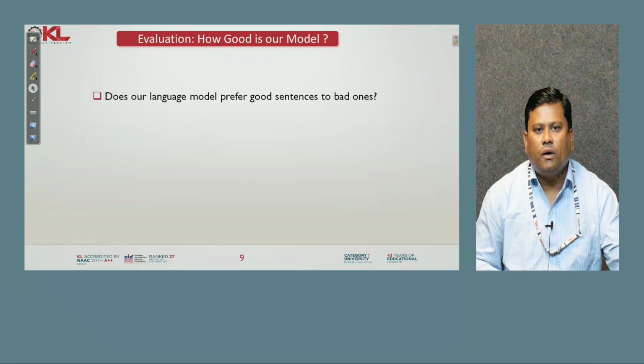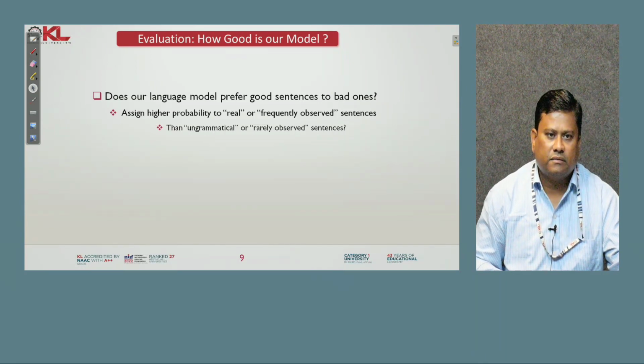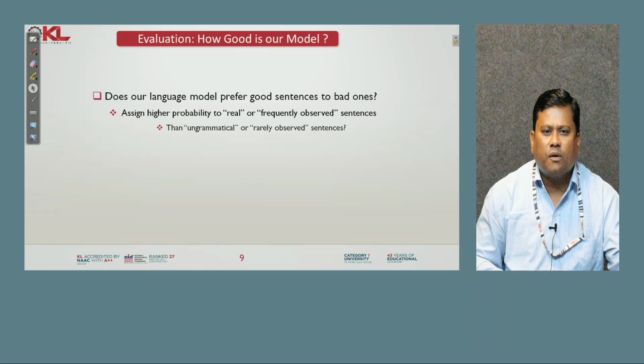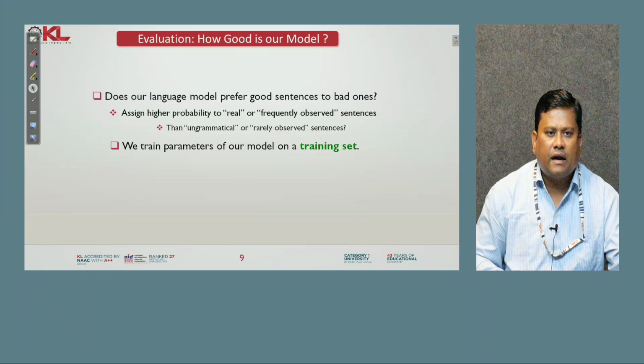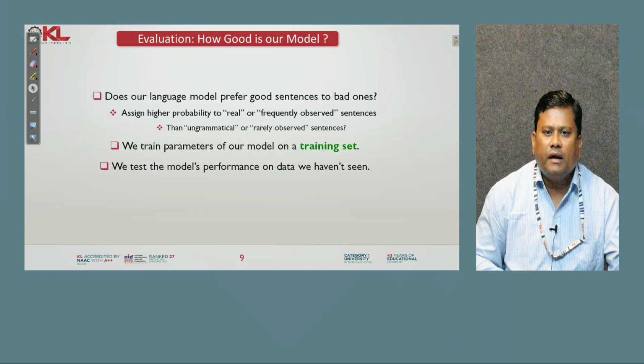Evaluation: how good is our model? Does our language model prefer good sentences to bad ones? For that, it should assign higher probability to real or frequently observed sentences than to ungrammatical or rarely observed sentences. We also train the parameters of our model on a training set, so that we can measure how good our model is and test its performance on data we have not seen.